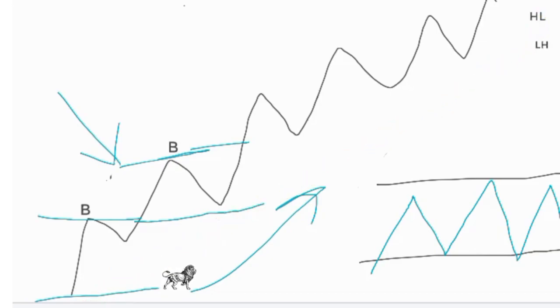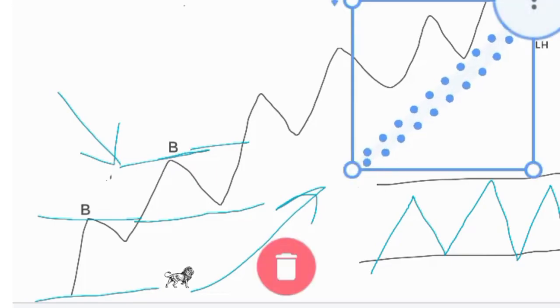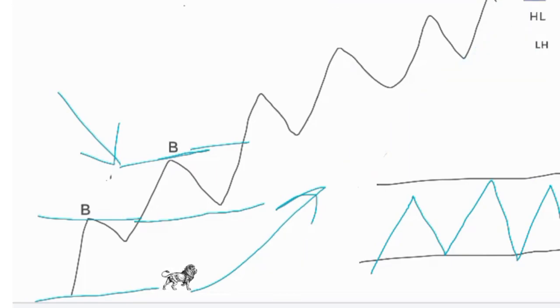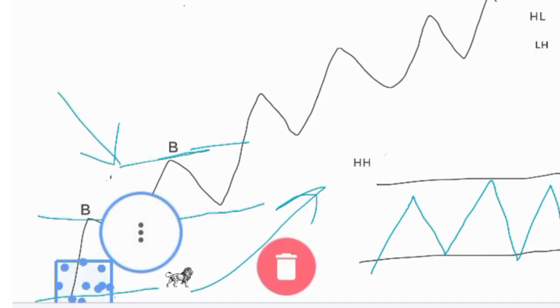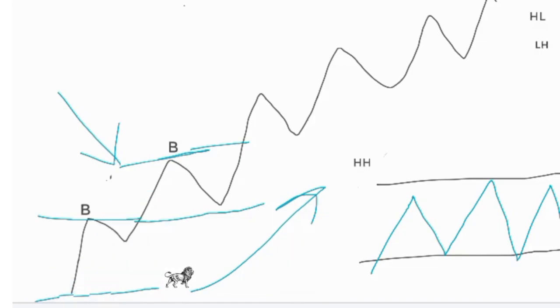Now, let's just start with high, although this point is actually a low.